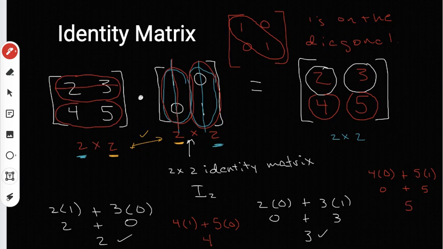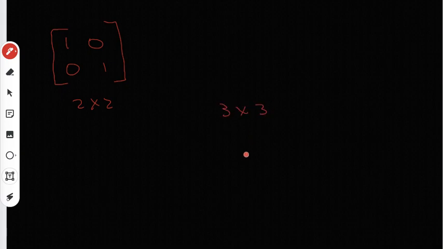Now let's look at a different kind of identity matrix. So we know that the 2 by 2 identity is going to be 1, 0, 0, 1. This is the 2 by 2. So if this is the 2 by 2, what would the 3 by 3 look like? Well, obviously this one would be different, right? It's going to have 3 rows and 3 columns, so it's going to be a bigger matrix.